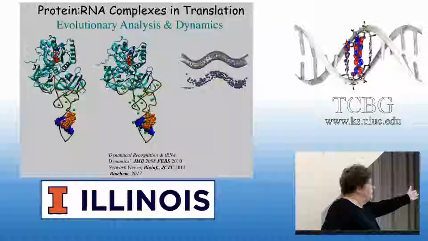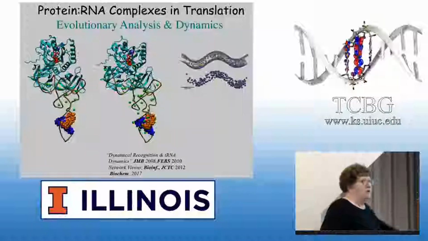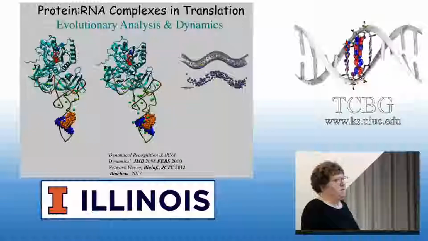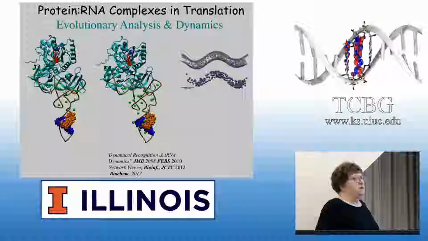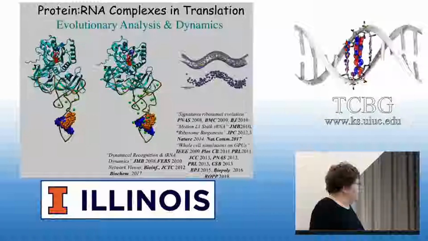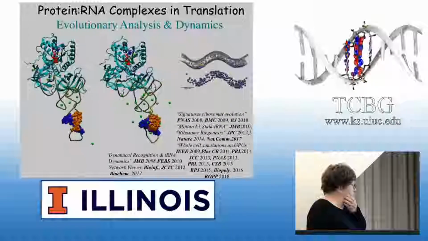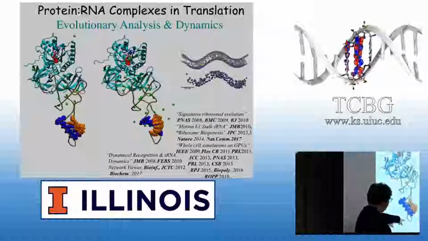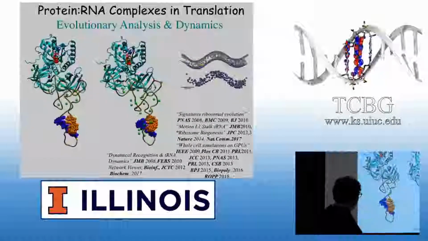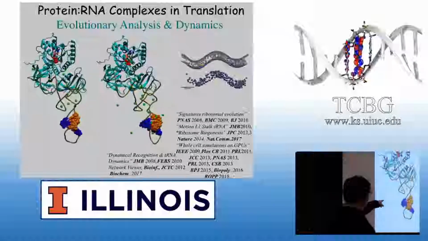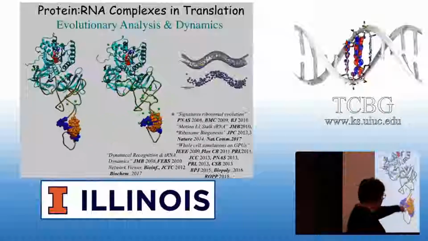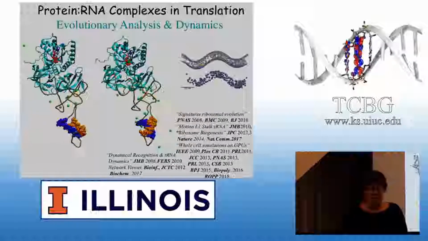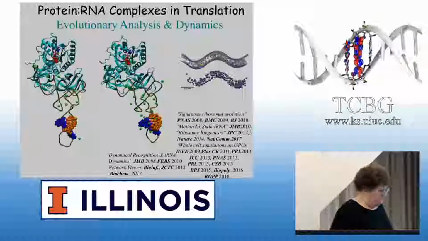So on one side, you're going to see the simulation of a more physiological concentration, say of magnesium, and on the right, you'll see what would happen if you just use the ones that are typically in the crystallization process. So if you look at the tRNA and that stem loop leading to that anticodon region, it flips open every once in a while under physiological conditions, and it stays solid as a rock under these higher conditions.